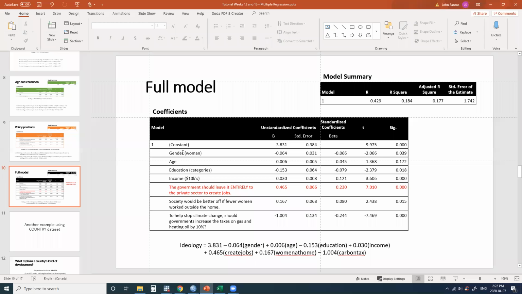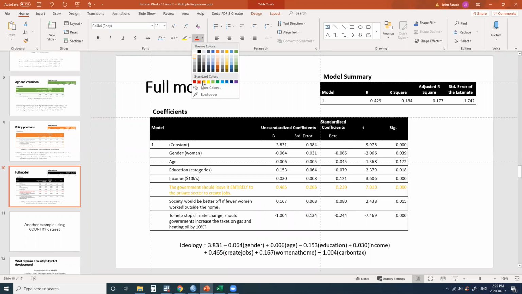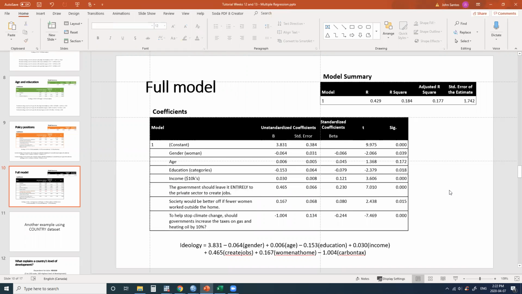The last thing that I wanted to point out on this table are the significance values. And that's here, it says sig, right? So this is the significance value, otherwise known as the p-value. And, again, in most social science, we tend to set thresholds of 0.05.